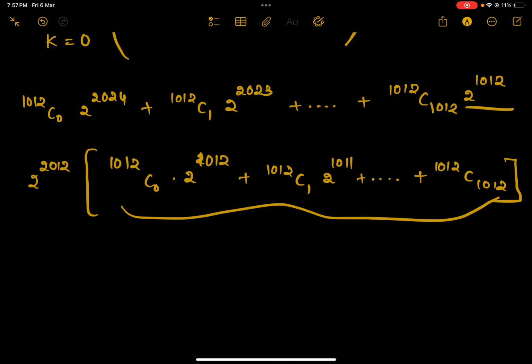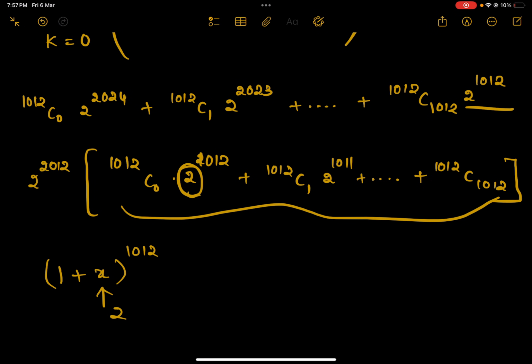You get this when you expand (1 plus x) whole power 1012, and here since we have 2, you have to put x equal to 2 in this particular thing.